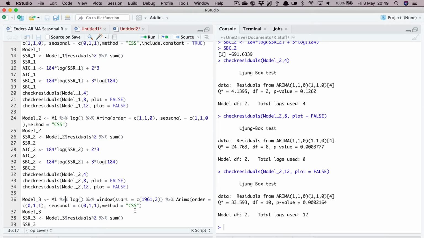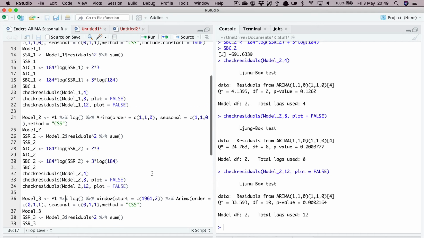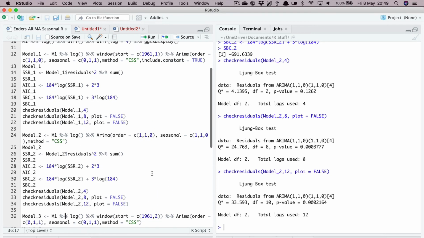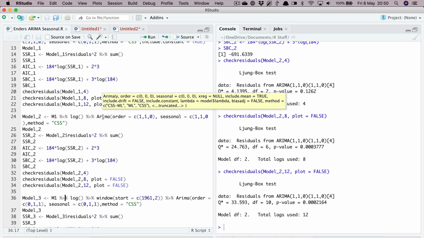So again, I'm specifying the sample period, a subset here, so that every model starts at the same period, so that it's over the same sample period. Remember, you have to check that here. I didn't need to do it for model 2 because that has the longest sample period, so the others had to be restricted to make sure they agreed with model 2.